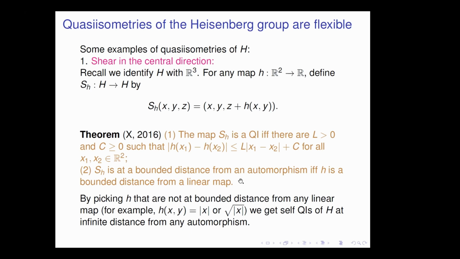So if you pick h a rough Lipschitz function that is not at bounded distance from any linear map, for example, the absolute value function or the square root of the absolute value function, then we get self-quasi-isometries of the Heisenberg group which are not at finite distance from any automorphism. So this is one construction, where you get examples of quasi-isometries which shear in the central direction.